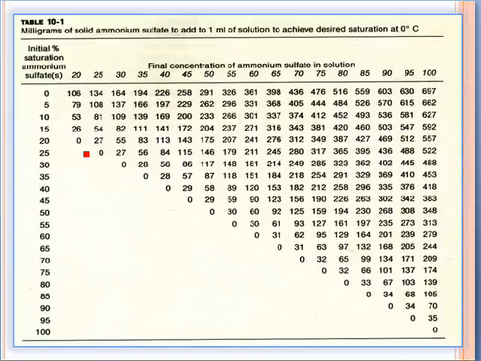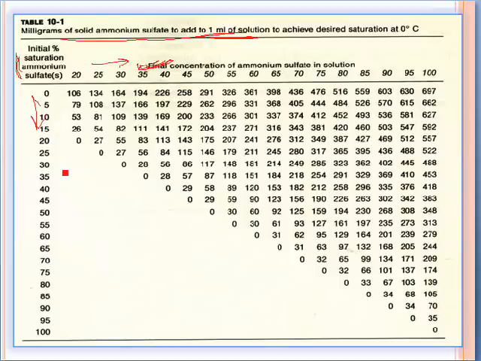Nowadays most people use a table, because this table makes your task quite easy. This table shows milligrams of ammonium sulfate added to 1 ml of solution. Here you can see the final concentration of ammonium sulfate in solution, and here is the initial concentration of ammonium sulfate solution. How do we read this table?